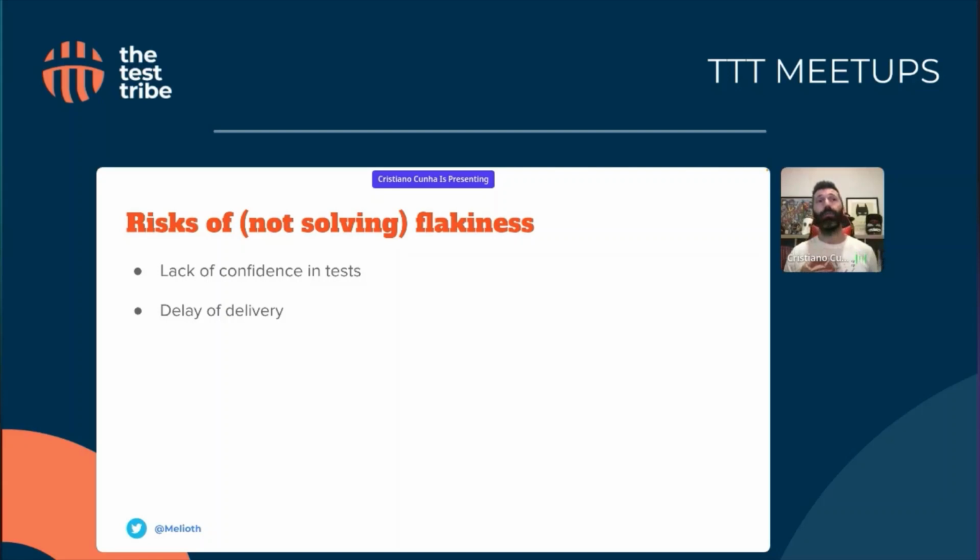And like I said before, it will delay your deliveries, because if you are just waiting for the results to deliver something to production and you start to have some tests failing, some not, you will see that the delivery will be delayed, and then you have to remove those tests or treat them and do the manual validations or have another way of dealing with them.